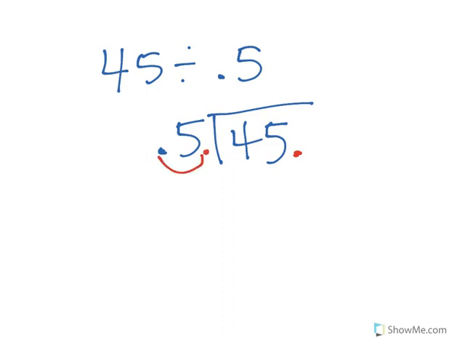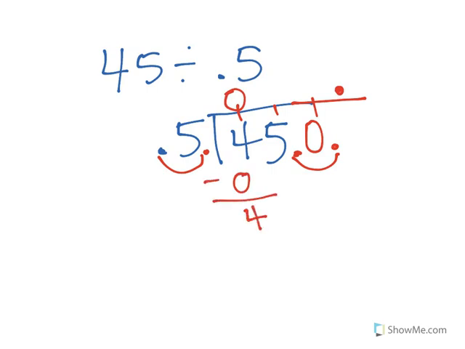I have to move this one one time, so I'm going to move this one one time and add a 0. Remember to bring the decimal straight up. And now I know I should have 1, 2, 3 digits. So can 5 go into 4? No, so I'm going to put a 0. 5 times 0 is 0. I'm going to subtract and I bring down my 4. Now I bring down the 5.